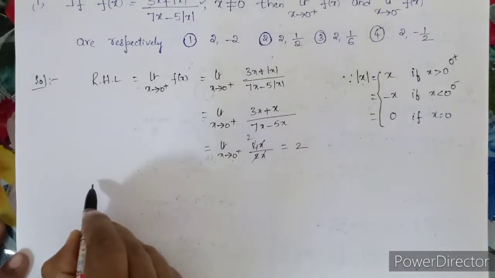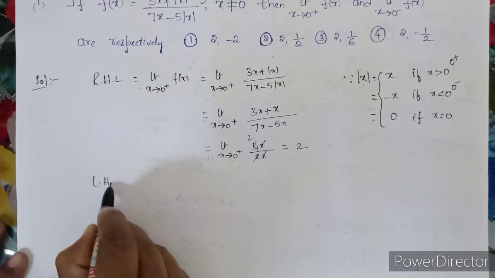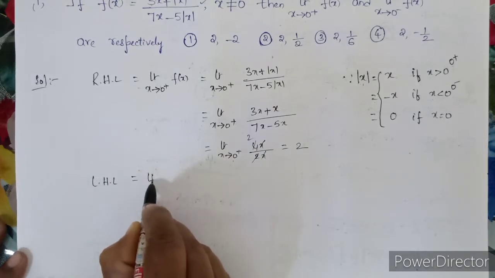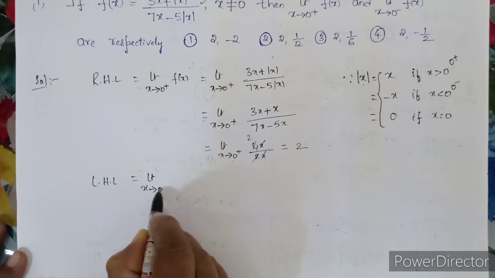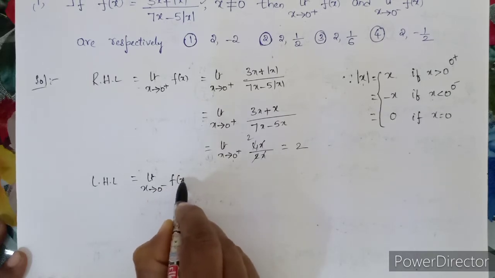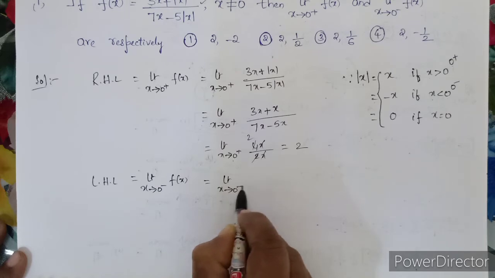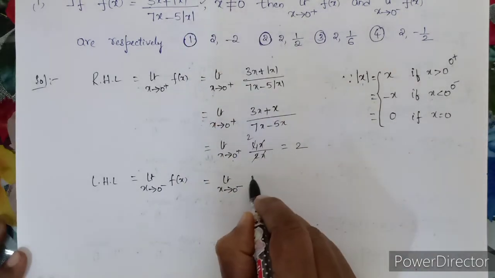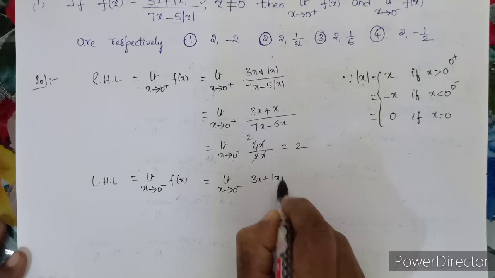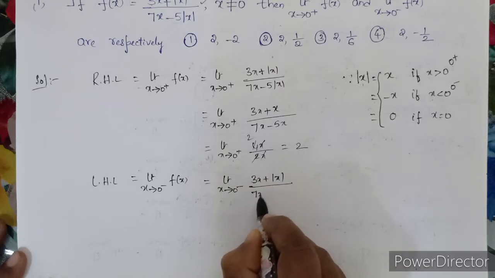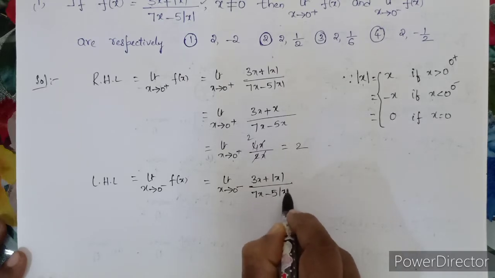Now we see left-handed limit. Limit x tends to 0 minus f of x, same f of x is 3x plus mod x by 7x minus 5 mod x.